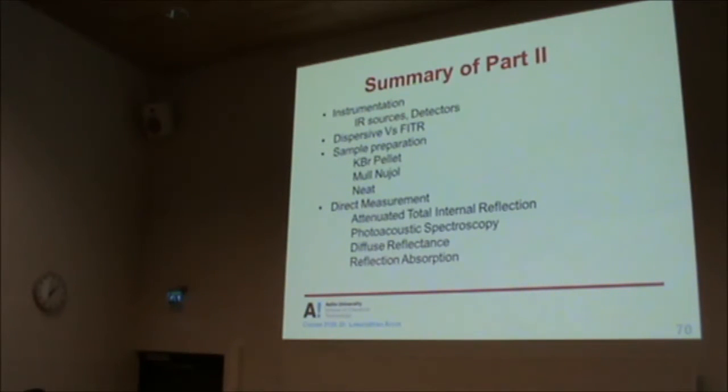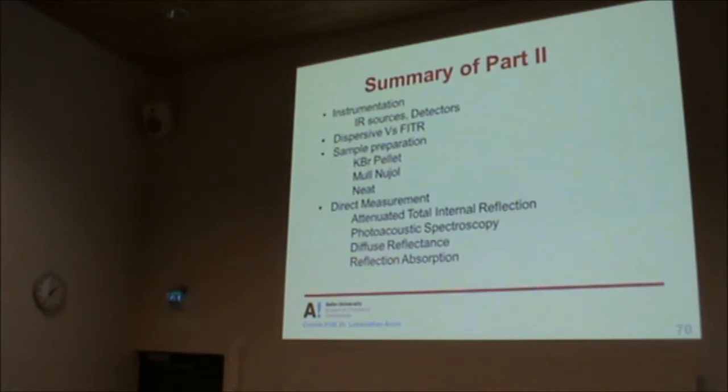First, we started with basic instrumentation, where we saw different infrared sources and detectors, and we saw the difference between dispersive and Fourier transform. Dispersive, you measure one wavelength at a time. In Fourier transform, you simultaneously measure all the wavelengths. And we next moved on to sample preparation. 3 types of samples: solid, powder, liquid. Now, when it comes to dispersing sample in IR transparent medium, we have 3 types.